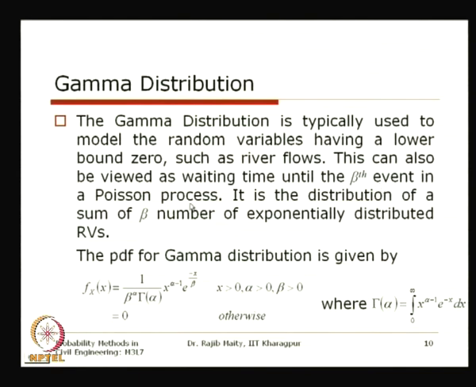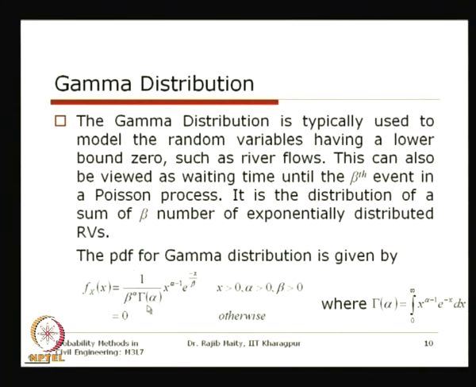We have discussed this Poisson process earlier, and there, instead of waiting for the first failure, if we wait for some nth or beta-th failure, taking these events as mutually independent, each waiting time is exponential. So this is a summation of beta number of exponential distributions, and we can show that if we sum them up, it approaches a gamma distribution.